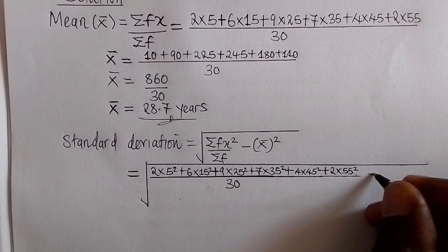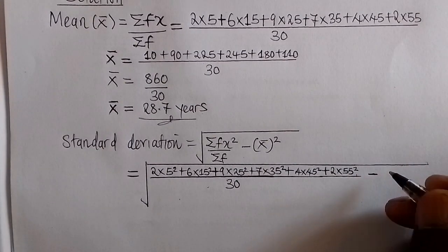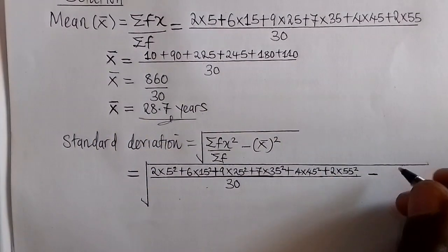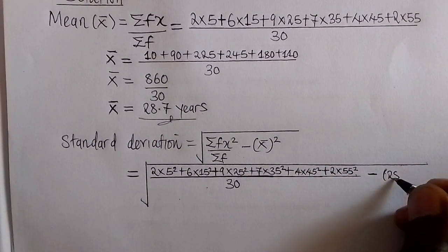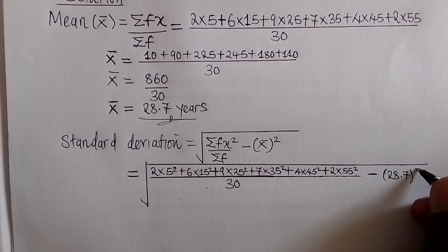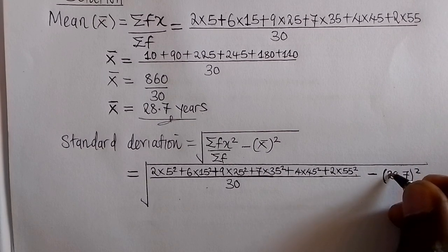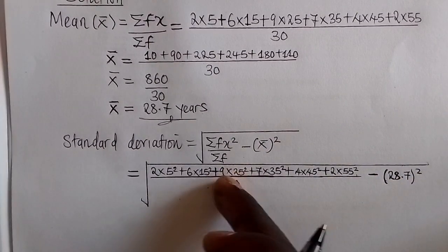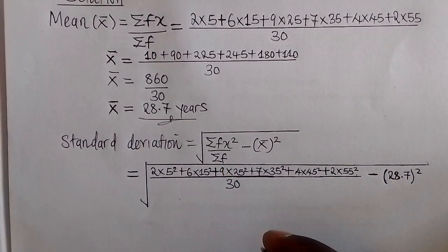So this is subtracting minus. For x bar square, it is the 28.7 that we got. So 28.7 square. We're going to find the square of this at some point and subtract from what we're going to get here.